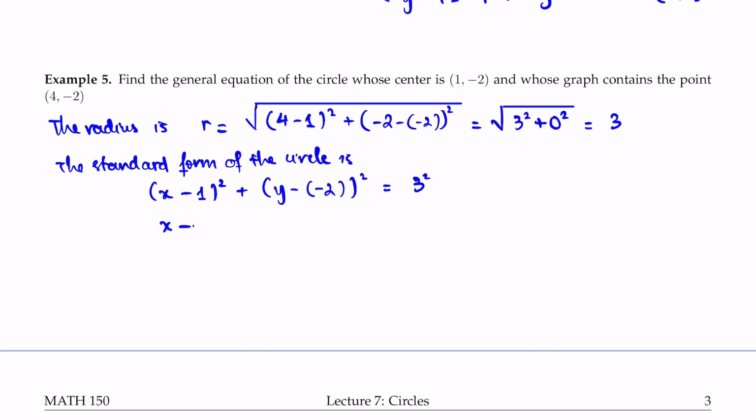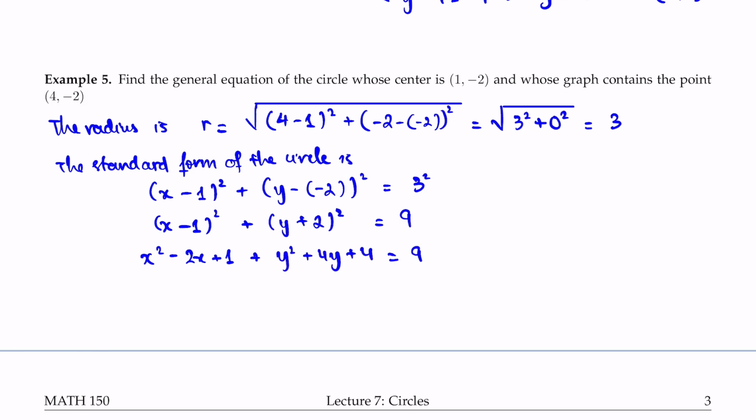So you have (x minus 1) squared plus (y plus 2) squared equal to 9. Now on the left-hand side, you expand the binomials. You get x squared minus 2x plus 1 plus y squared plus 4y plus 4 equal to 9.